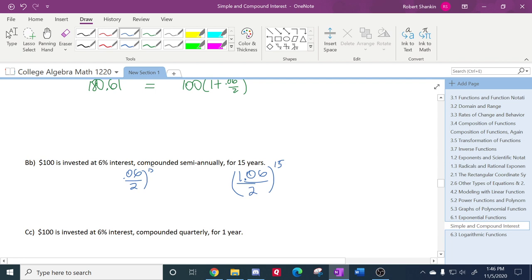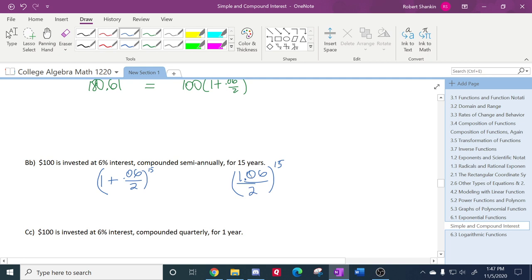I really like it when we get intelligent answers that are closely related, but they're common student mistakes. So there's 2 common mistakes that you made here. The real thing is, see, the 1 doesn't get divided by the 2. Only the 0.06.